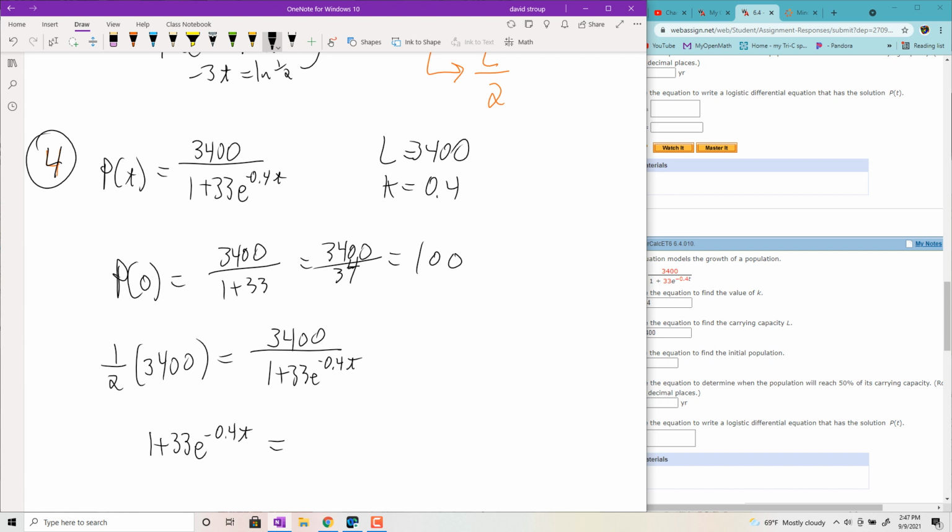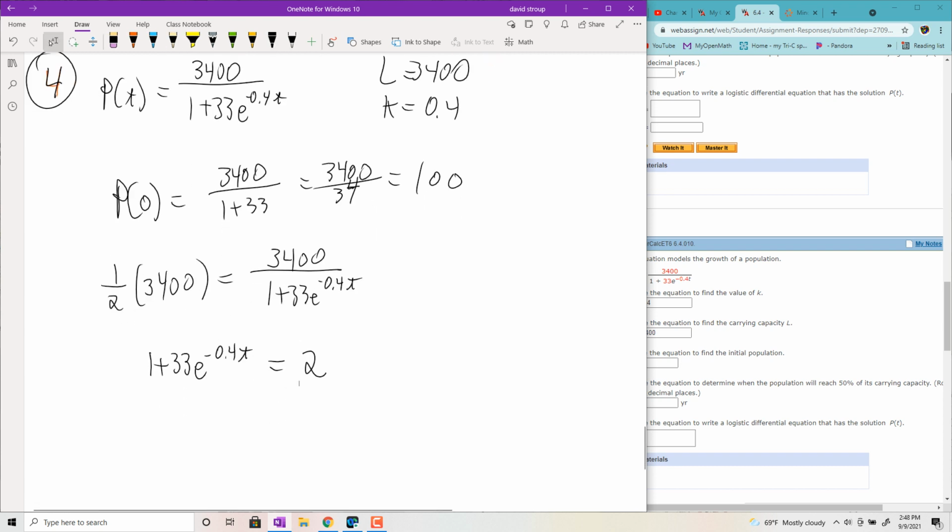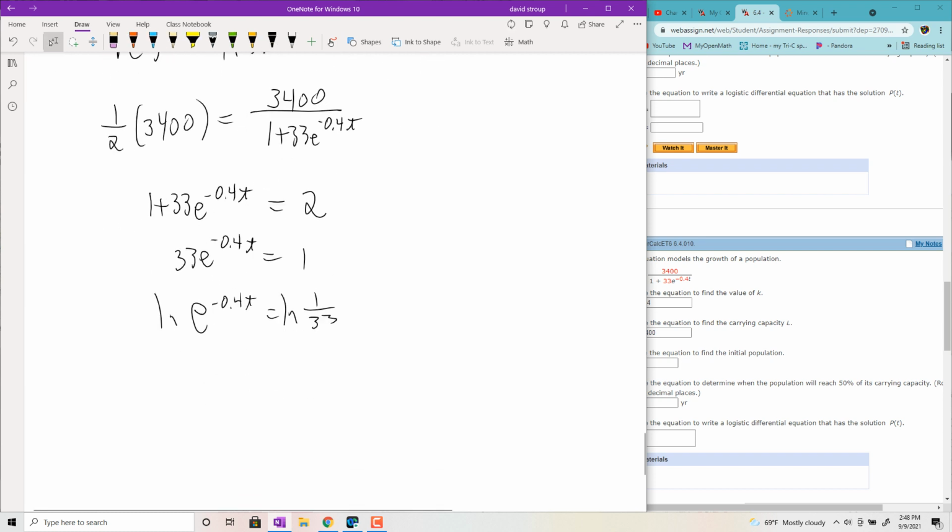This will be 3400 all over 1/2 times 3400, which will just be 2. Move the 1 over, so you get 33e to the negative 0.4t equals 2 minus 1, which is 1. Divide by 33, it's 1 over 33. Take ln on both sides.